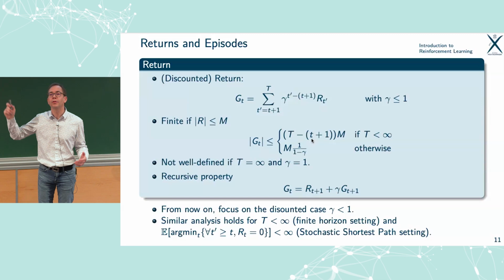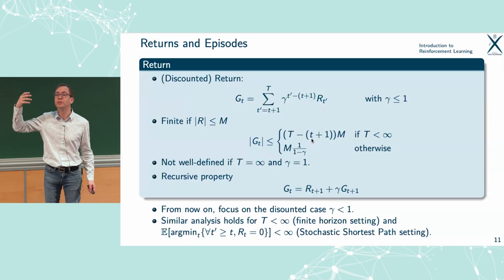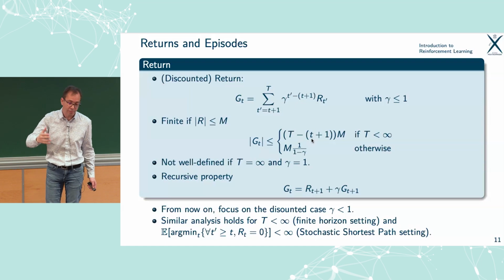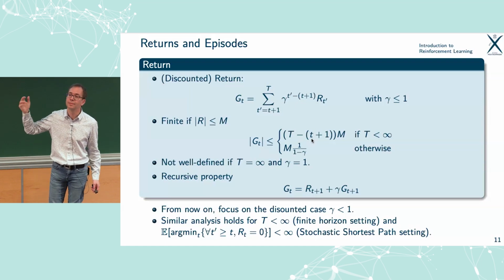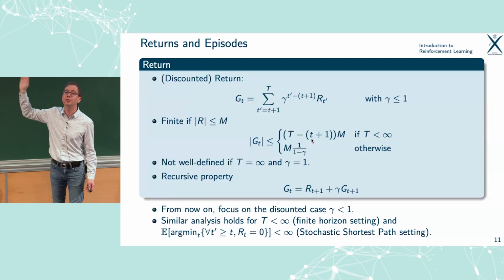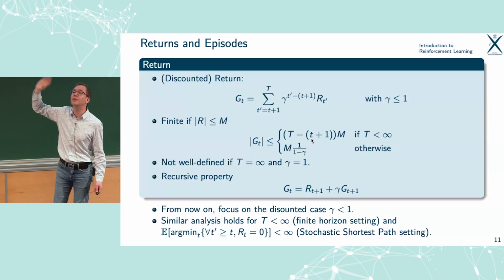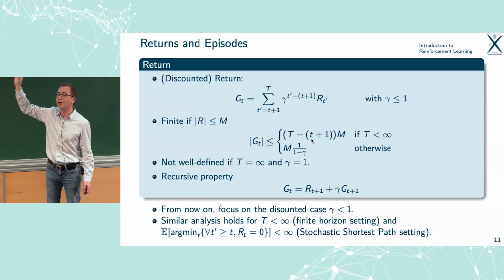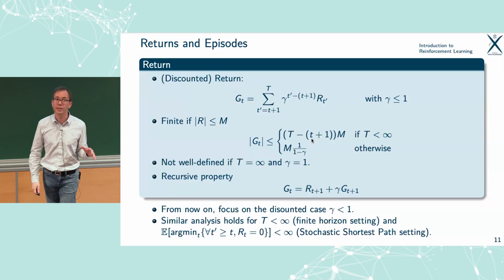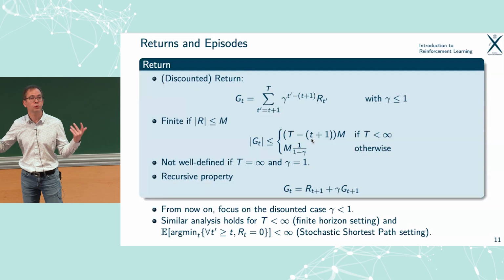I'm going to multiply the reward by a discount that depends on the distance from the past. And the only reason I'm doing this is for this object to be well defined. This is an infinite sum, a series, and you know that it will not be well defined otherwise. Here, if I'm putting this assumption, this object is always well defined, so I can work with it.